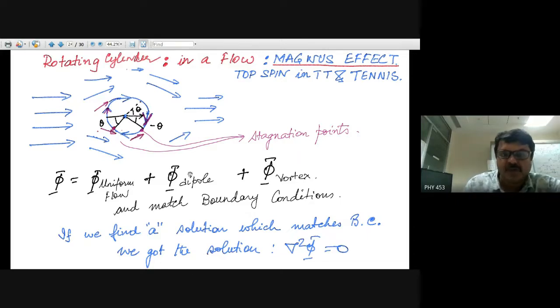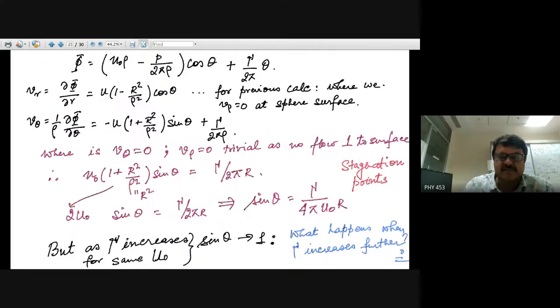So you will have 2 points where the velocity of the fluid is zero, because the fluid is trying to go in this direction, where the cylinder is trying to rotate in this direction, and same case here. So you have 2 points where you get the stagnation point, where that condition will be satisfied with sine theta.